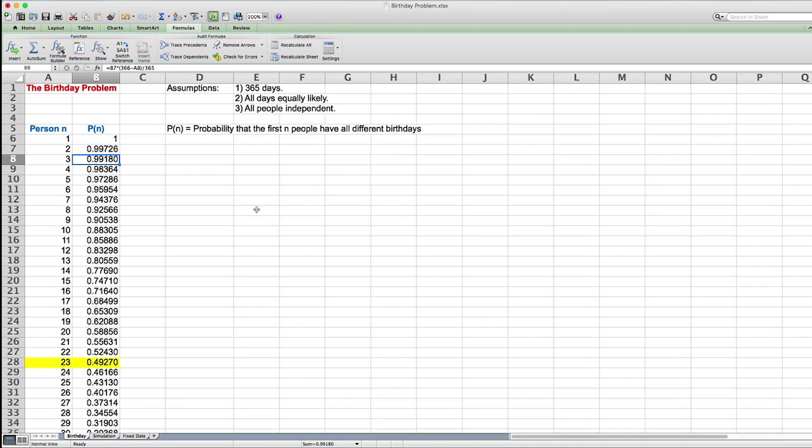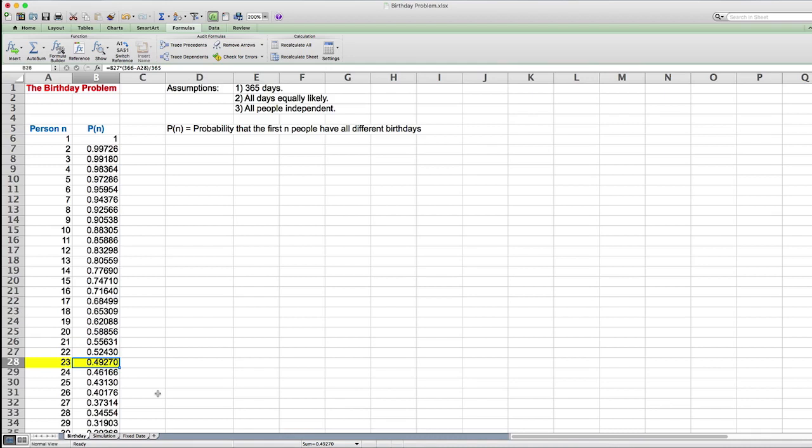You now see, as more and more people enter the room, the probability of being different gets a little smaller, and with independence, we multiply all of them. And so now this product gets smaller and smaller and smaller. Now the amazing thing here is that the probability drops below a half already at 23.